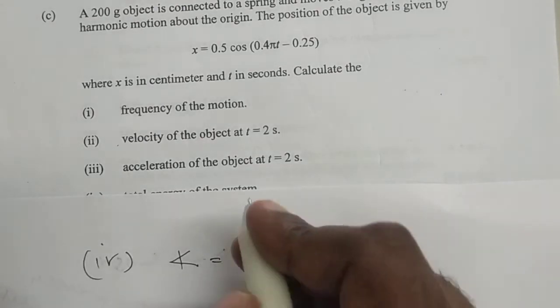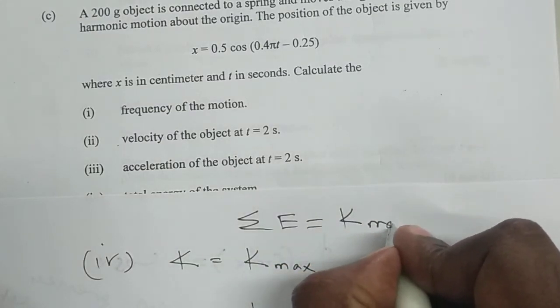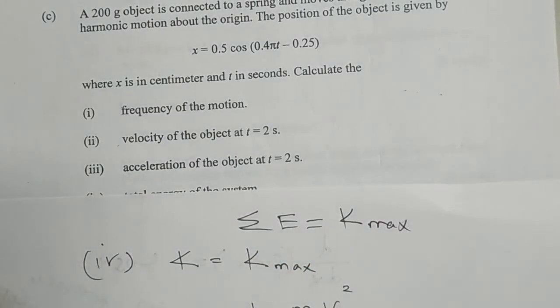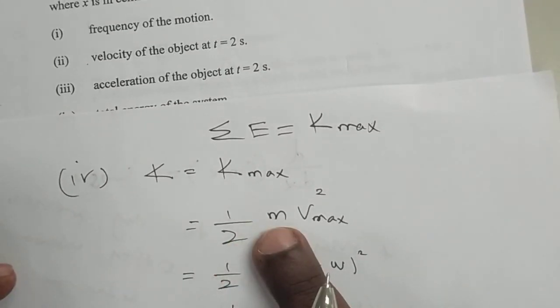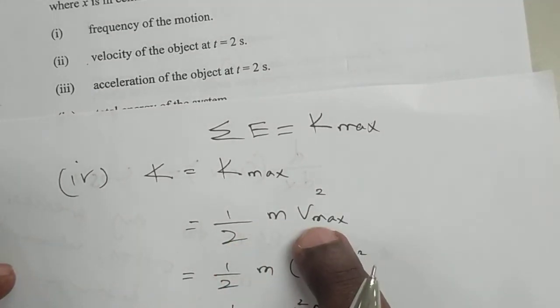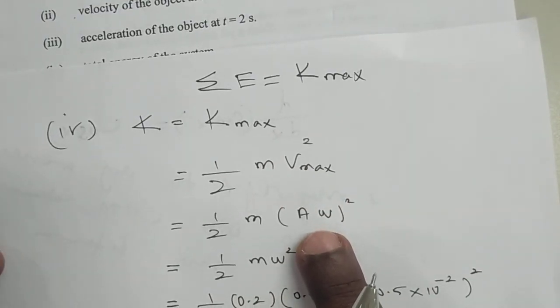Total energy equals kinetic energy maximum. So kinetic energy is half m v squared, the v should be maximum. V maximum is the product of amplitude and angular velocity.